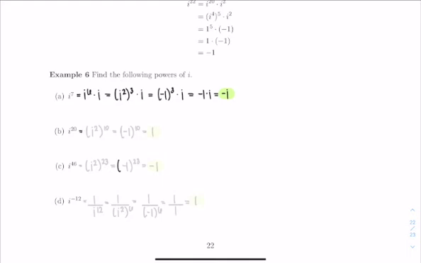So for i to the 20th, it's already an even number, so it makes our life pretty easy. I'm going to use my base of i squared again, but this time it would be raised to the 10th. Well, i squared is -1 raised to the 10th, and a negative raised to an even power gives me a positive number. So we end up just getting +1.